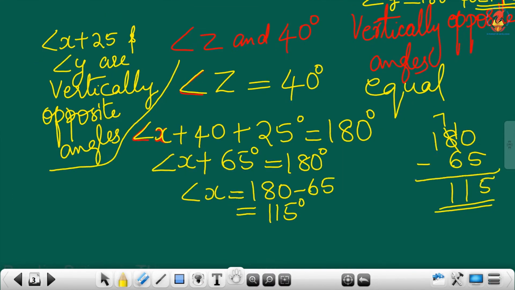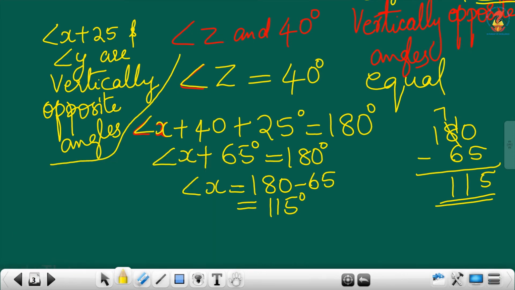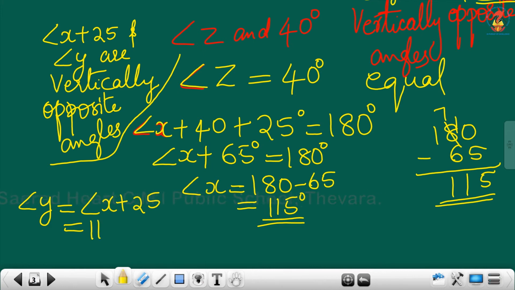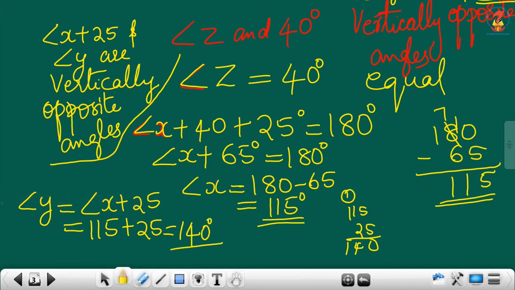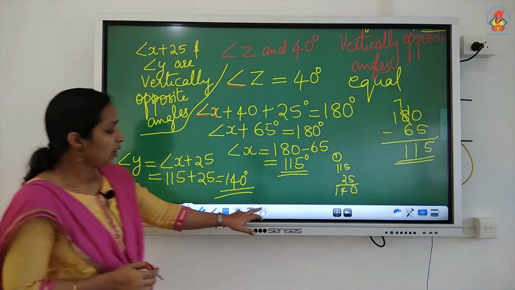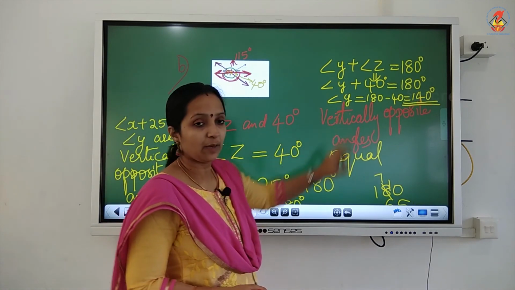So angle Y is equal to angle X plus 25. We know the value of angle X, so it is 115 plus 25, which gives 140 degree. So by using either method, you will get the same answer.